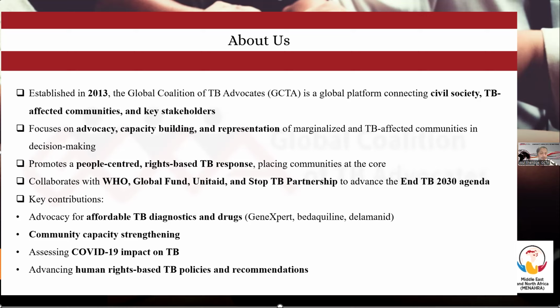And for us, communities are not just recipients of services; they are partners in shaping priorities, implementation, and accountability. And this becomes even more important in GC8, where decisions around prioritization will directly affect who gets access to service and who does not.